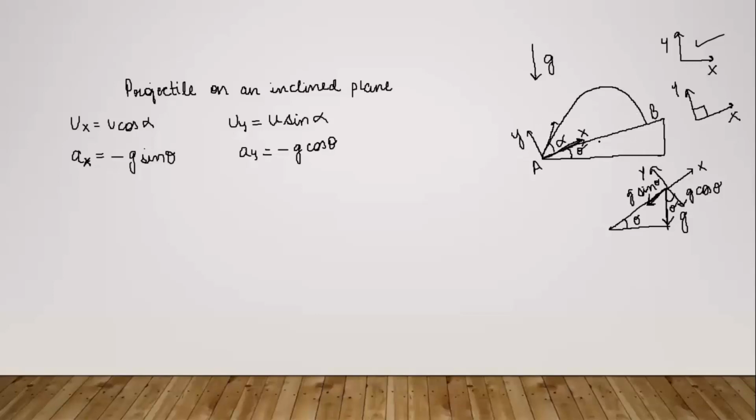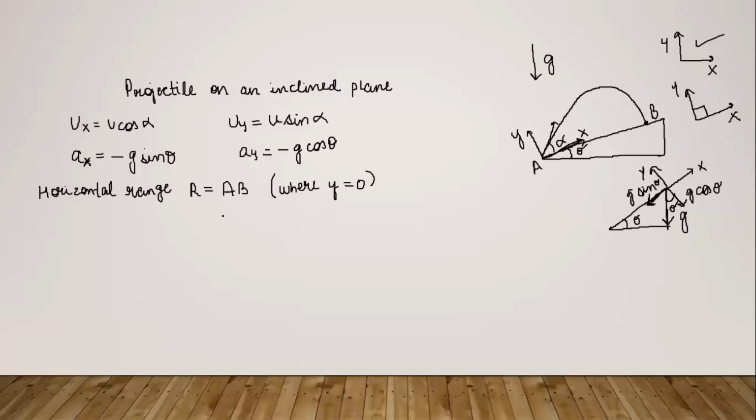Here the y-axis is this, and when it crosses this x-axis, this point, which is said to be B, then AB is the horizontal range. That is when the particle is crossing the x-axis where y gets 0. In this diagram it is AB, where the y coordinate of the particle becomes 0.